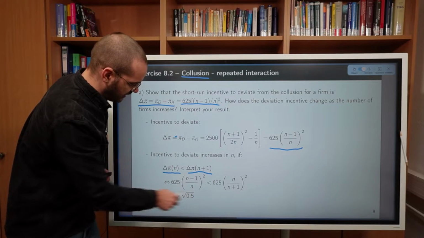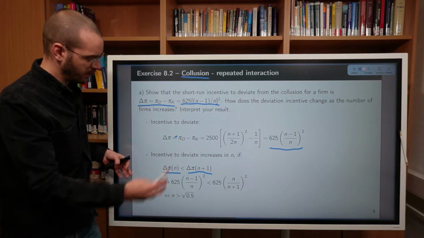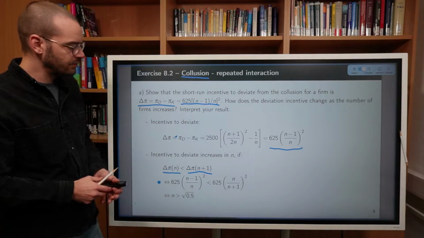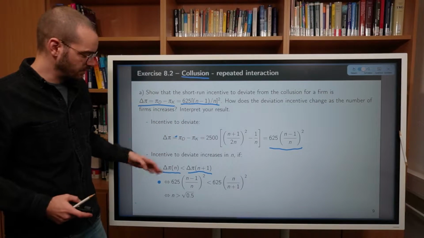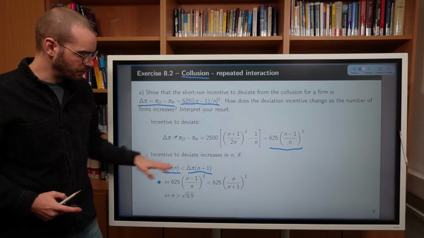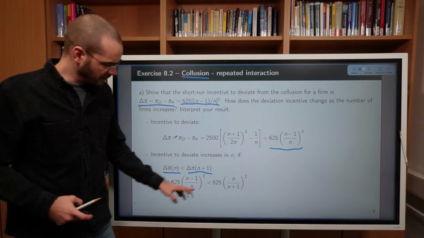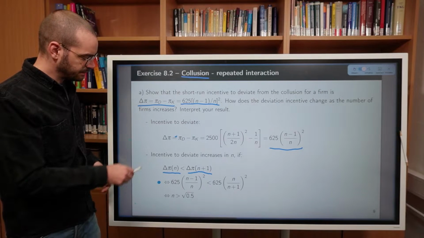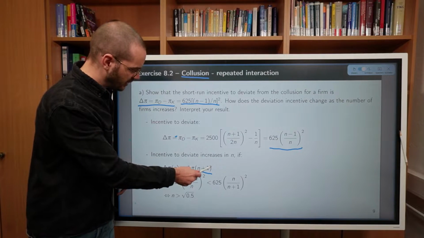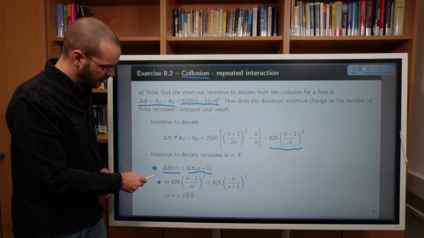In the second step, you can see what this should look like if you plug in n and n plus 1 respectively into each of these sides of the equation, and then solving this expression for n, we can show that this expression up here is true.